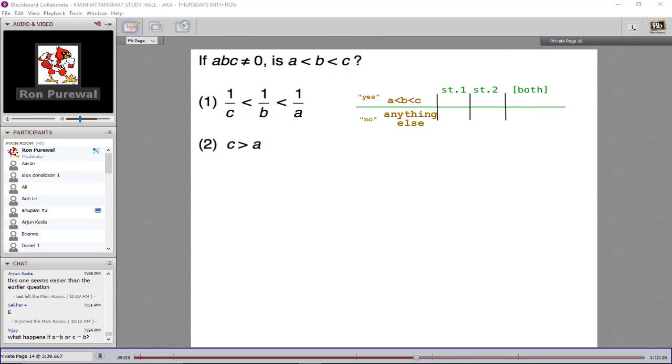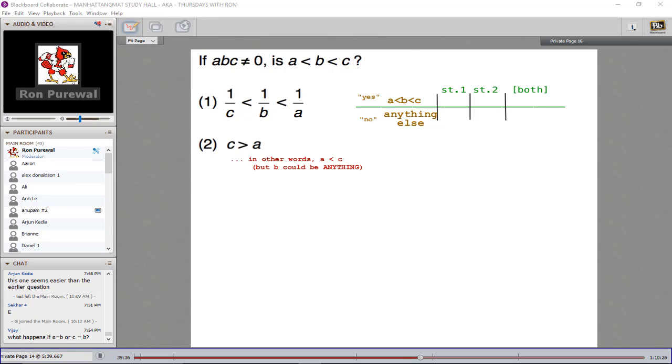So yeah, statement 2 is basically just A is less than C. We probably don't need to test actual cases in order to show this, but if you need to, then do it. Because we know that A is less than C, but B could be anything at all.